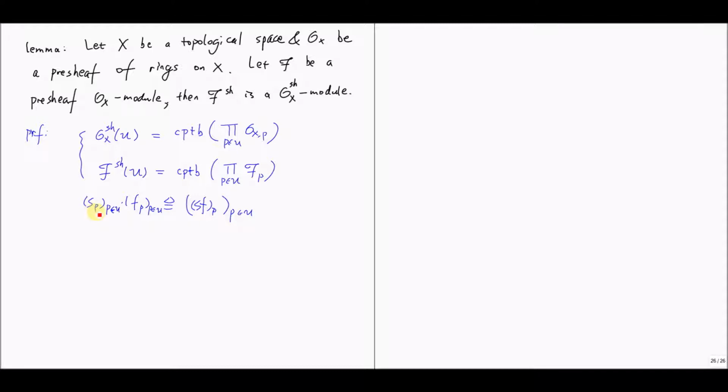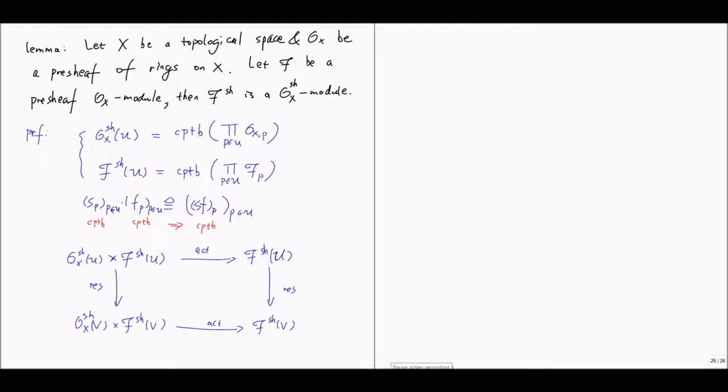If those germs are compatible, then it's easy to see those germs are also compatible. Meanwhile, there's a commutative diagram we need to check, but the commutativity of this diagram should be obvious, and we skip the verification.